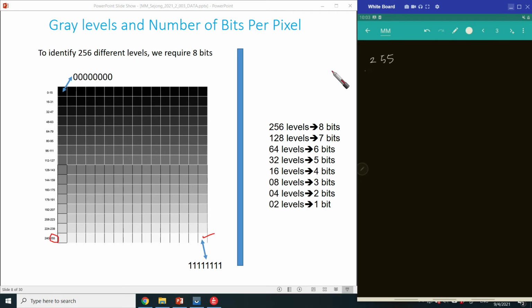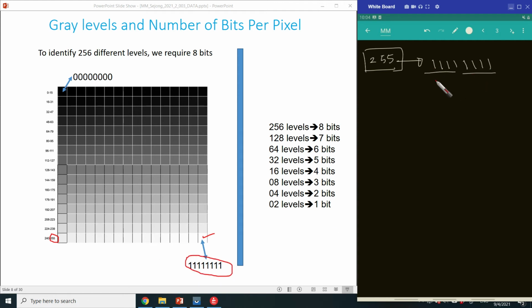The computer would not understand 255, but we will. So ultimately we have to convert this to a binary number. In binary, this will be 8 ones, 4 and 4. This is 255 in binary.